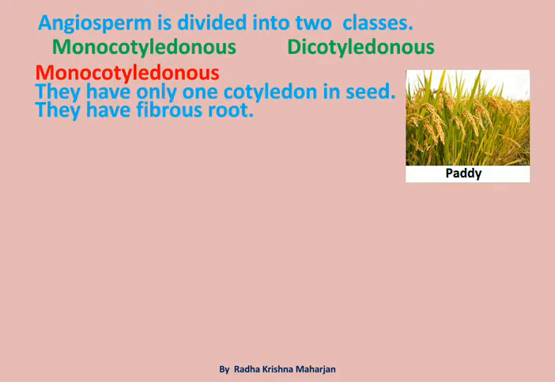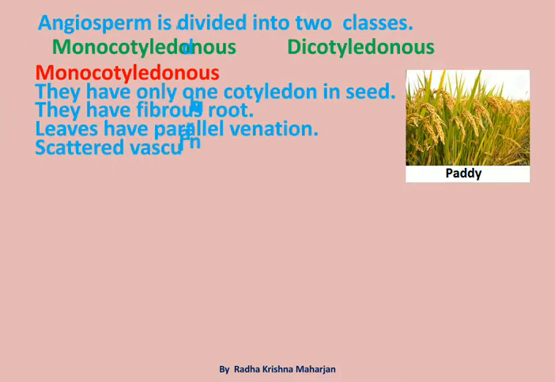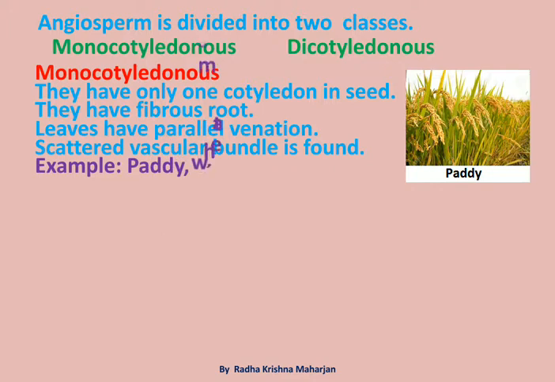They have fibrous root. Leaves have parallel venation. Scattered vascular bundle is found. Example: paddy, wheat, maize, onion.